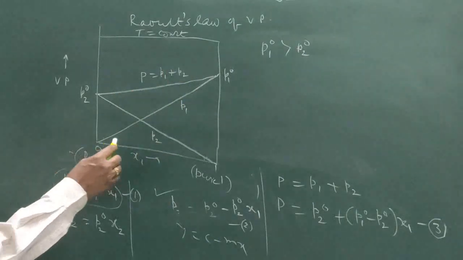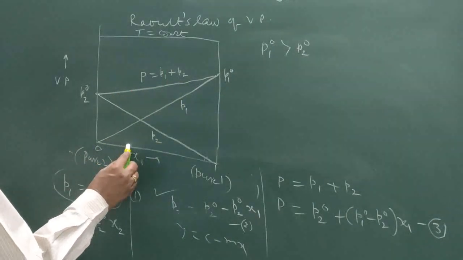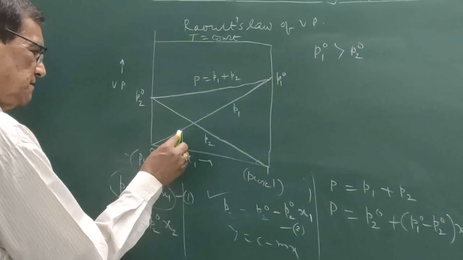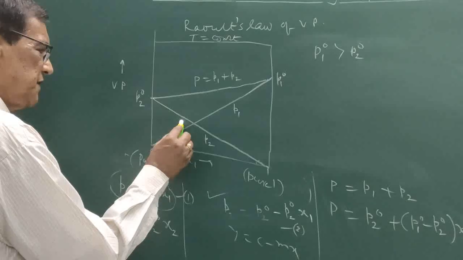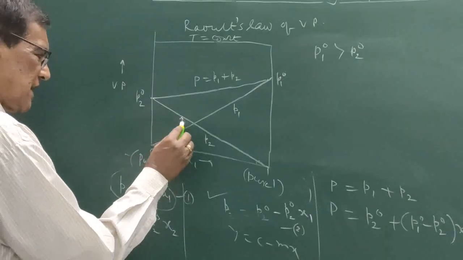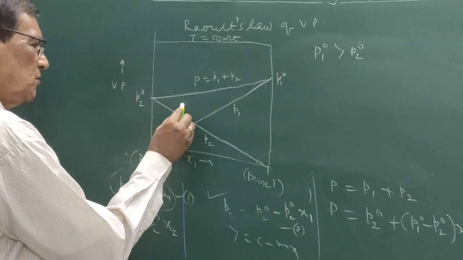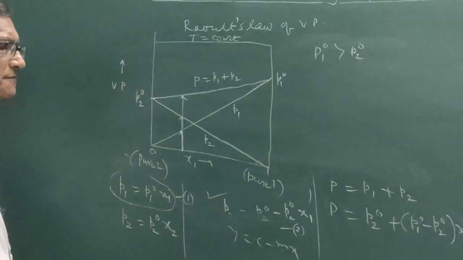At any concentration, suppose here, it is P1 and it is P2, and the sum of the two will give you this total pressure P.